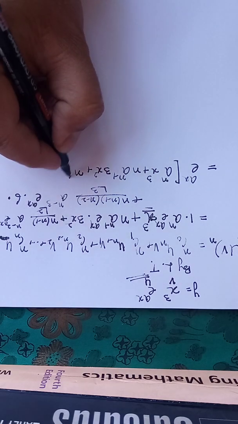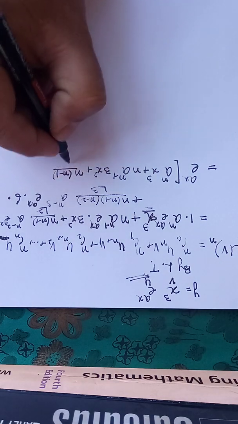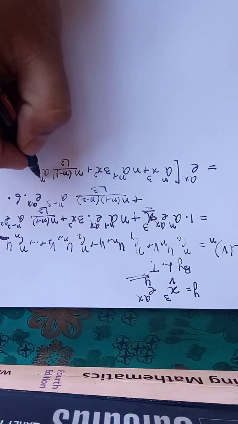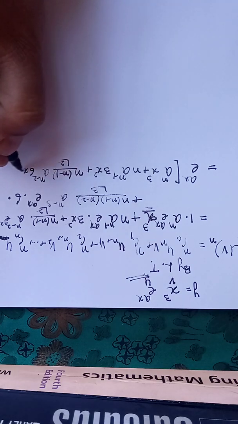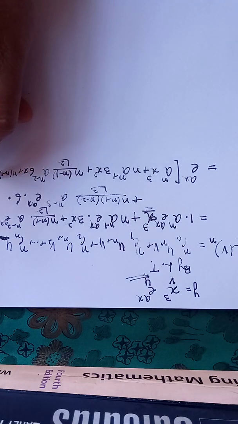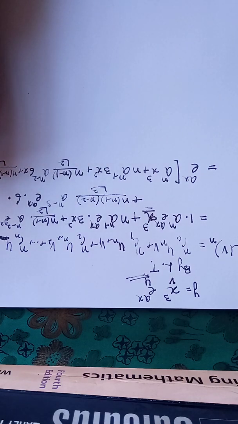And then you have to take the derivative: n into n minus 1 over factorial 2, a raised to power n minus 2, 6x, and n into n minus 1, n minus 2 over factorial 3, a raised to power n minus 3 into 6. You can simplify it further. So this is it.